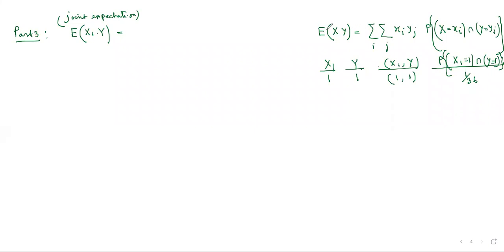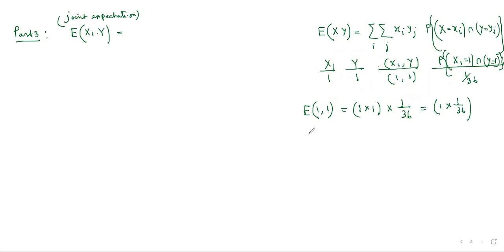And if I try to apply this rule for calculating the expectation of 1, 1, only this I'm taking for the time being, then according to the formula, that should be equal to 1 into 1, because you have to multiply the value of x and value of y together. So 1 into 1 multiplied by its joint probability, that is 1 by 36. So you have got the expectation of 1, 1 as 1 into 1 by 36.